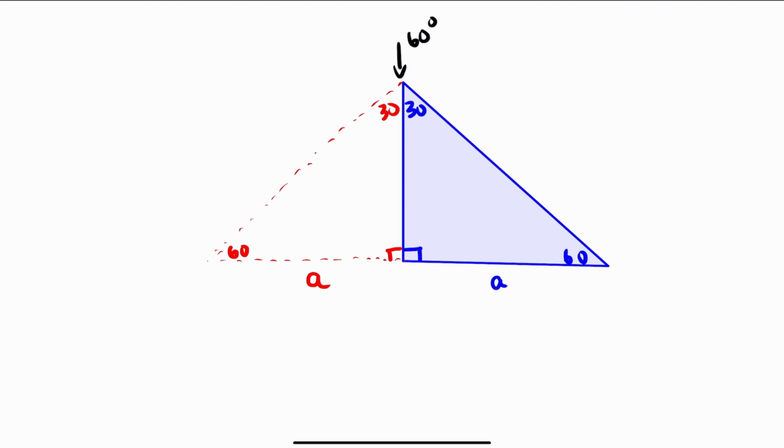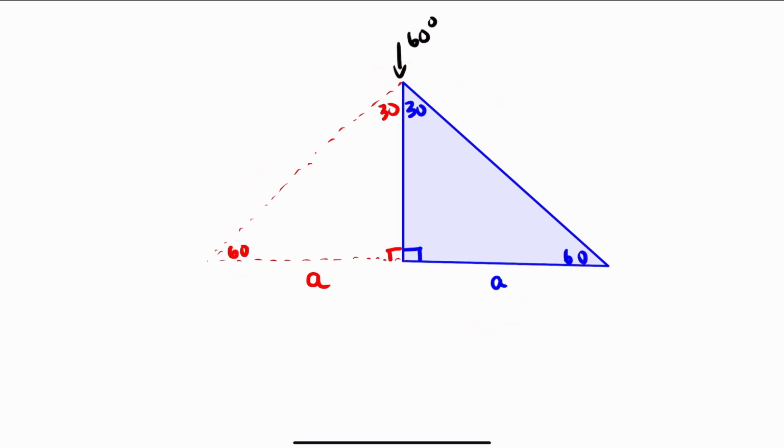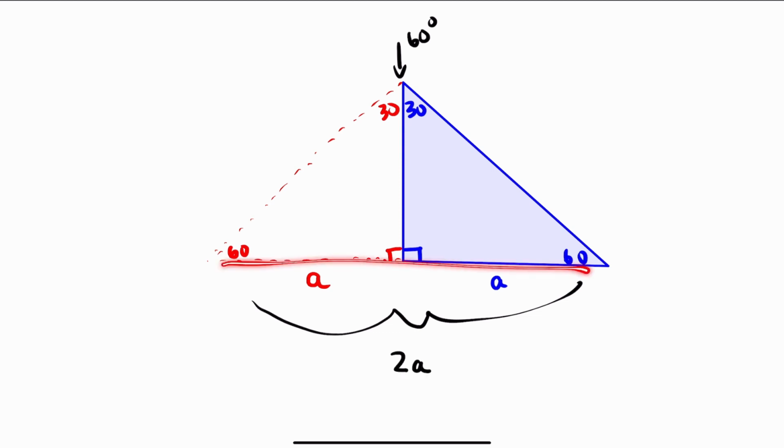So let's think of this as one triangle altogether, just for now. So if I add up all these sides here, because again, we're thinking about this triangle as one particular figure, then that means that A plus A is 2A. So this side here is 2A.